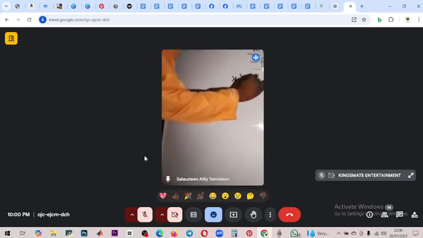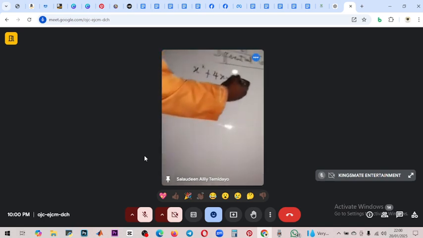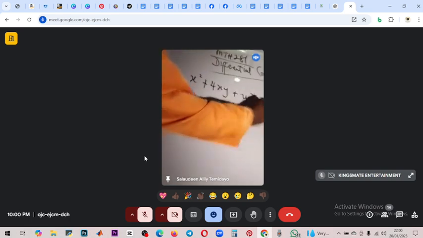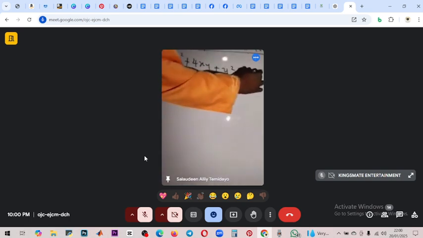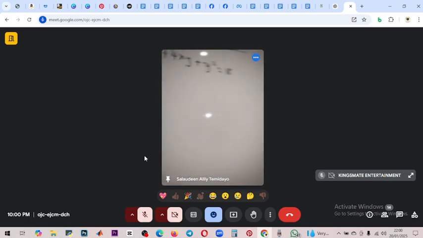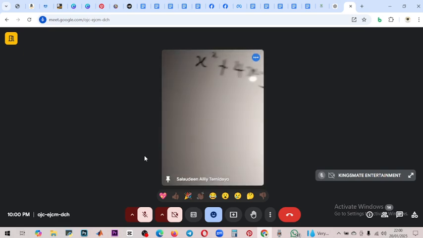x squared plus 4xy plus y squared is equal to 18. So let us differentiate this. Whenever it is involving x and y, you might be asked, it is a type of implicit differentiation.